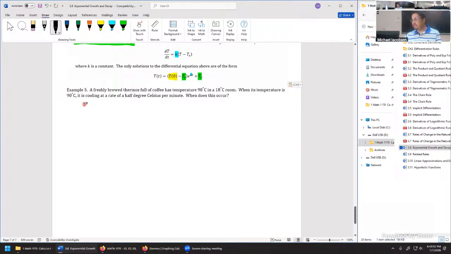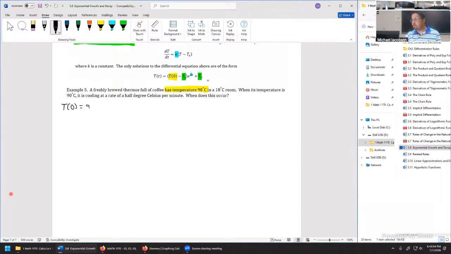Let's look through this again. Freshly brewed thermos of coffee has really an initial temperature of 98.6 degrees Celsius. That's the T at 0 part, the initial temperature. So if we're going to use these formulas, we need to translate the word problem into the language of that formula.